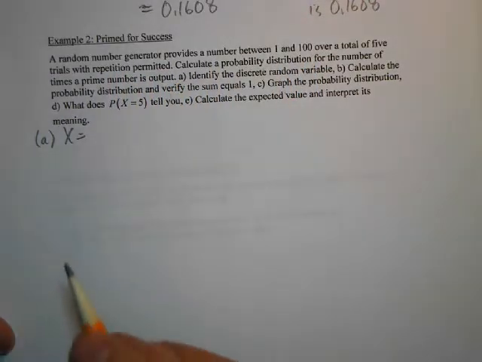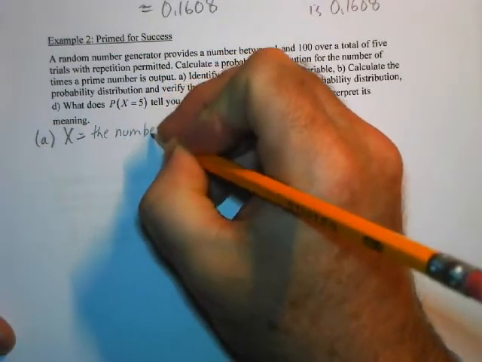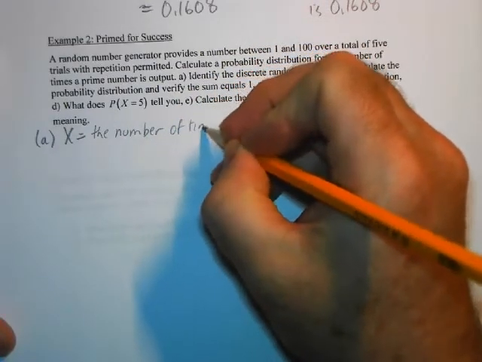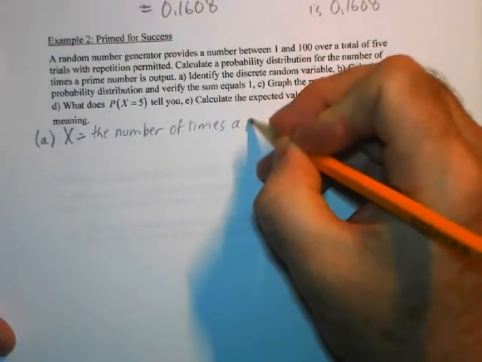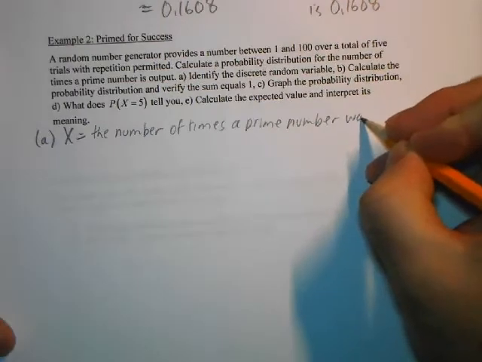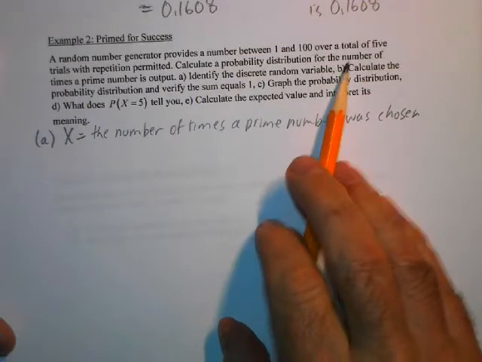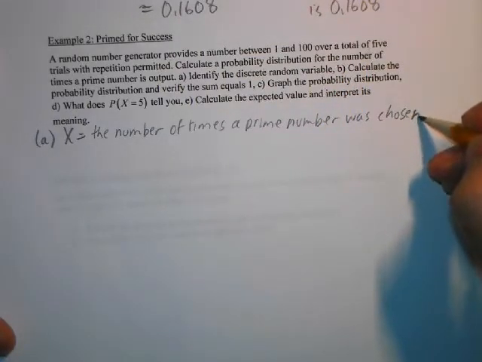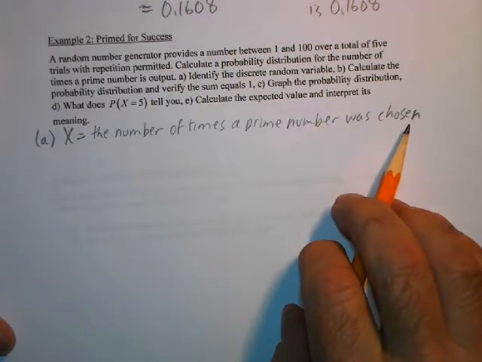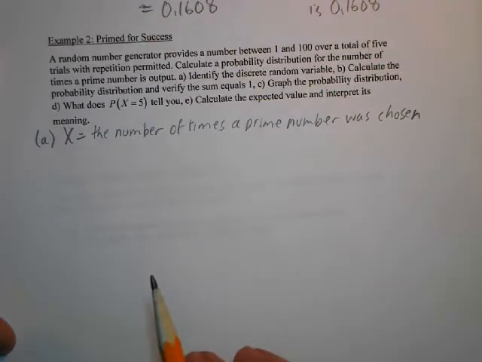So X is going to represent the number of times a prime number was chosen. Now, we also know we're going to do this 5 times, picking 5 numbers. We don't have to say that here. You don't have to get that detailed with X about how many times you're actually running the trial. That does not need to be included.